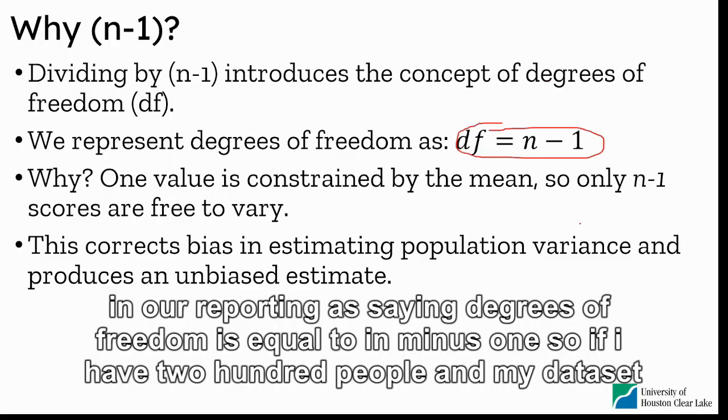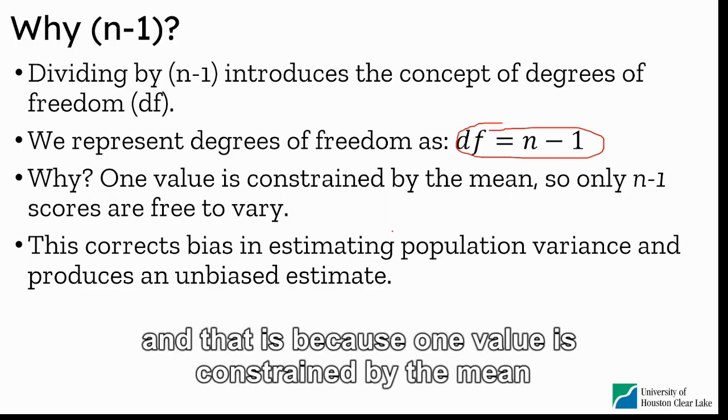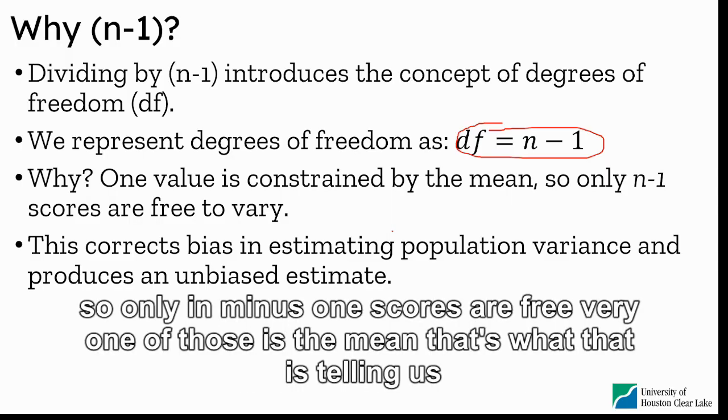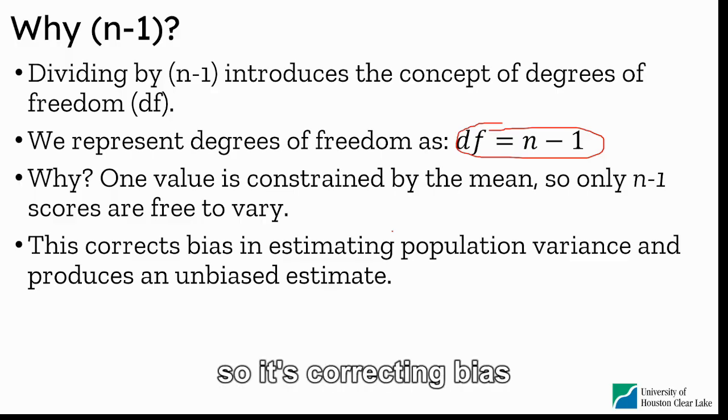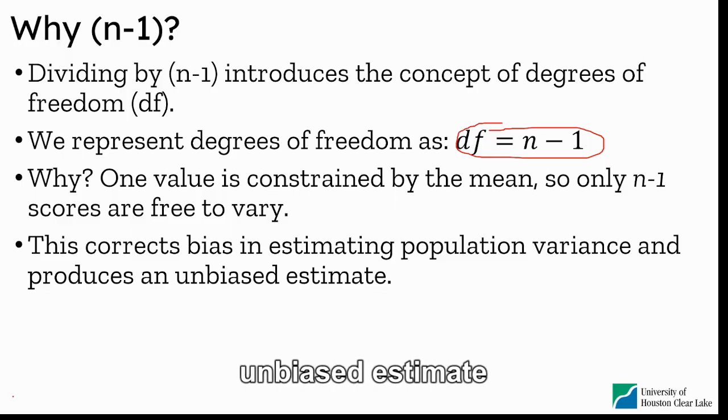So if I have 100 people in my data set, I'm going to subtract 1 from it, and my degrees of freedom are 99. And that is because one value is constrained by the mean. So only n minus 1 scores are free to vary. One of those is the mean. That's what that is telling us. So it's correcting bias in estimating that population variance, and it's giving us an unbiased estimate.